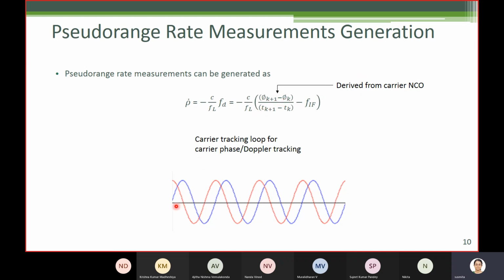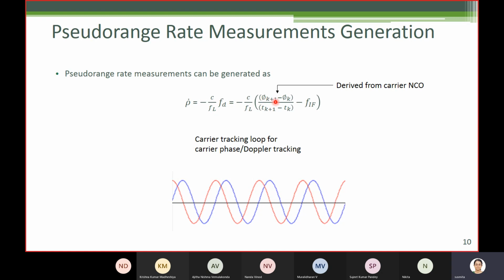But we are interested in the difference. The carrier NCO actually gives the phase of the blue, the receiver generated replica. If there is a fixed offset between the incoming and the receiver generated, in the difference that offset gets cancelled out because both phases will have the same offset from the red.